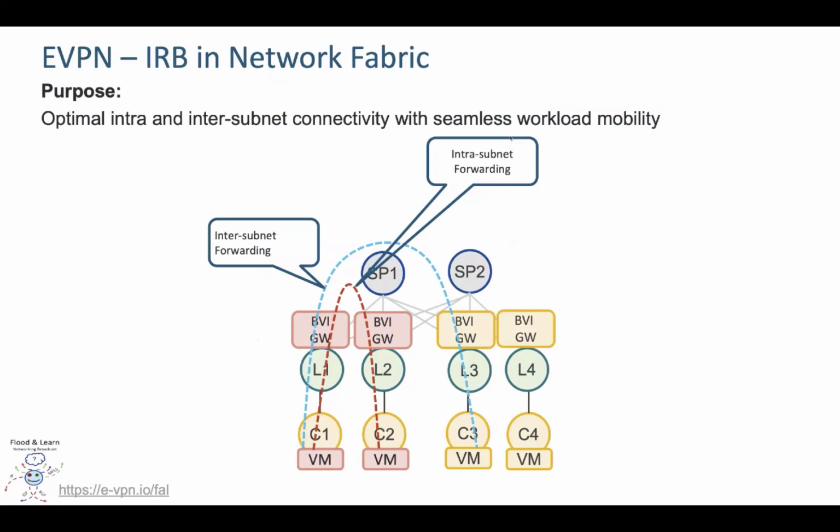From the L3 point of view, it's a normal IP packet over the MPLS core. So again, you are doing your routing and bridging decision directly on the leaf, so you are always getting the optimal forwarding.